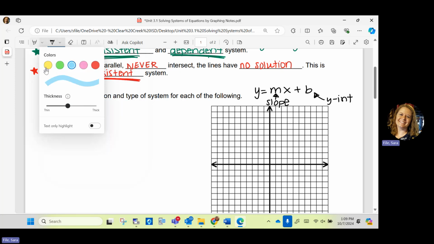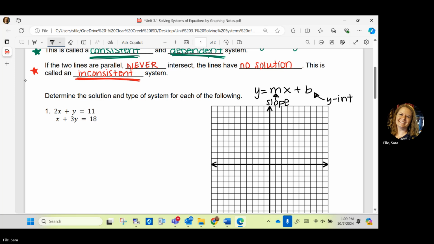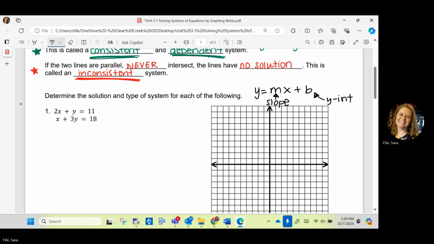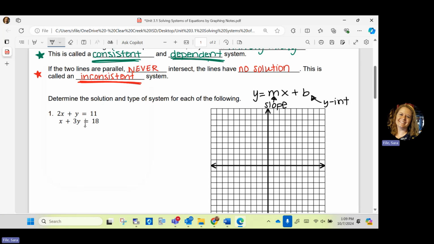I'm going to do the bottom equation first. So this x plus 3y equals 18. I'm going to solve for y. So I've got to subtract the x to the other side because that's how I get rid of it on the left.